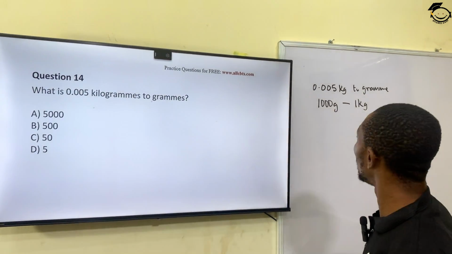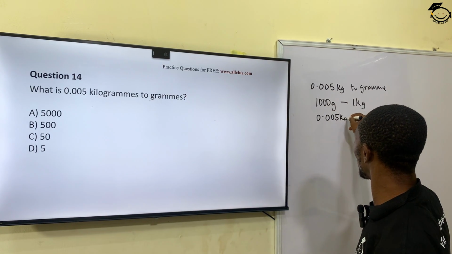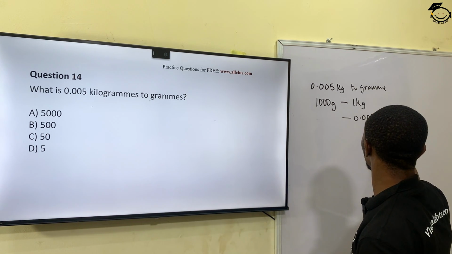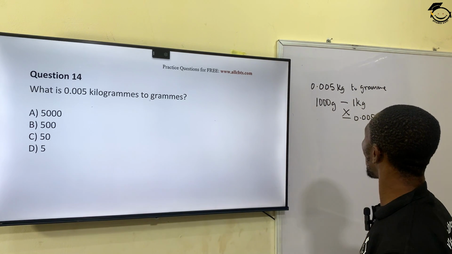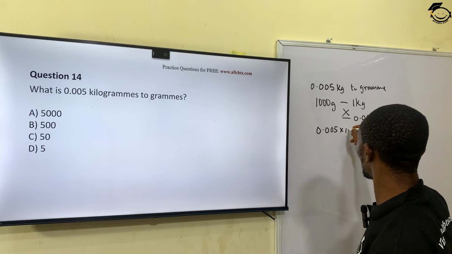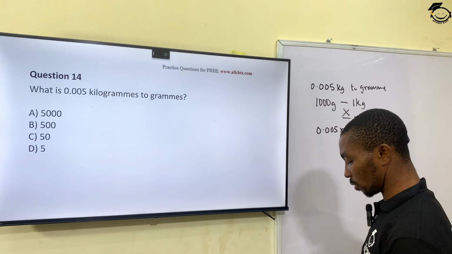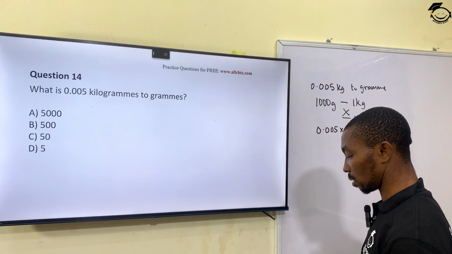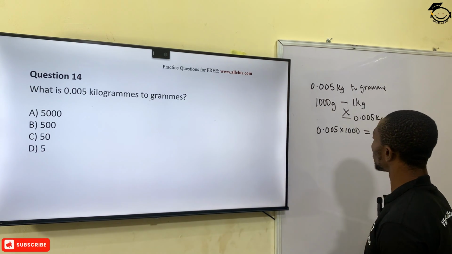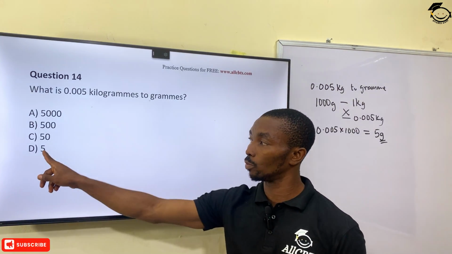So for 0.005 kilograms, cross multiply: 0.005 times 1,000 would give us 5 grams. So 5 grams equals 0.005 kilograms. So our answer will be D.